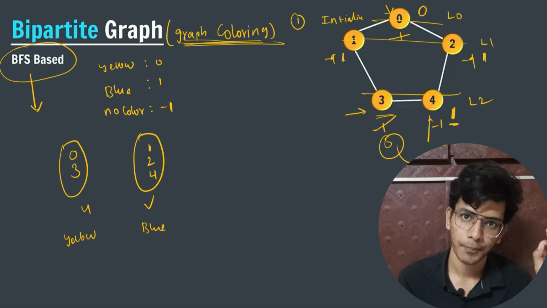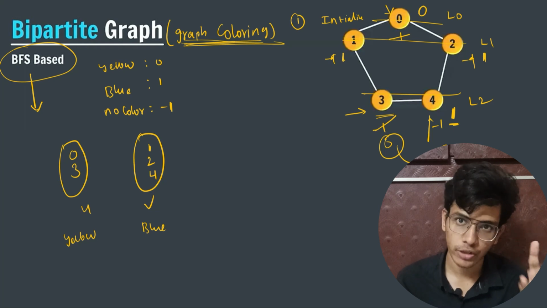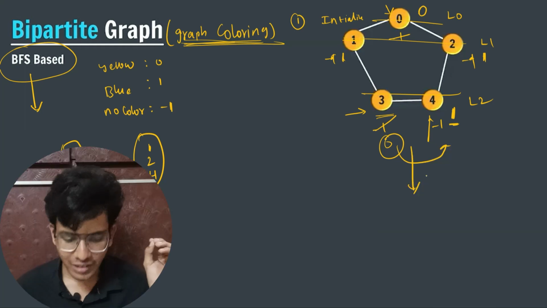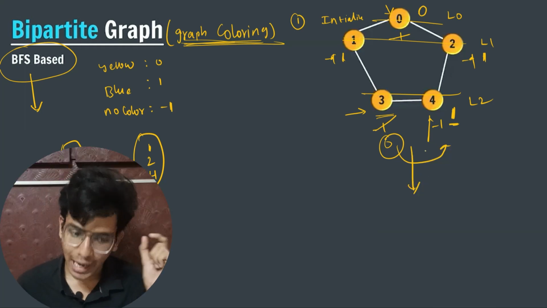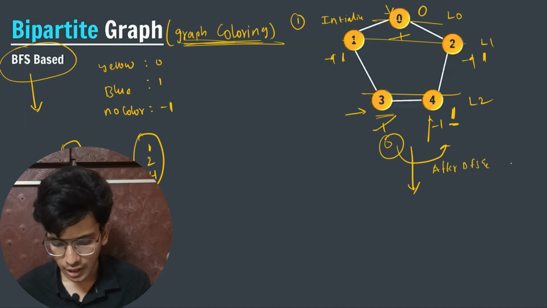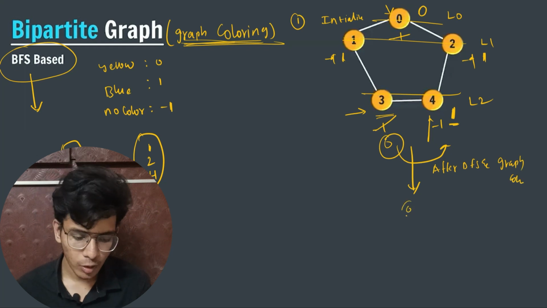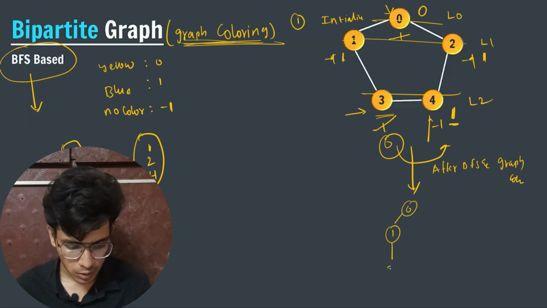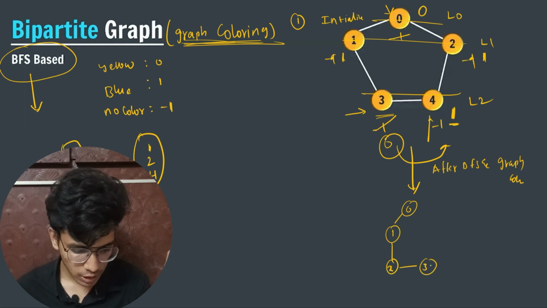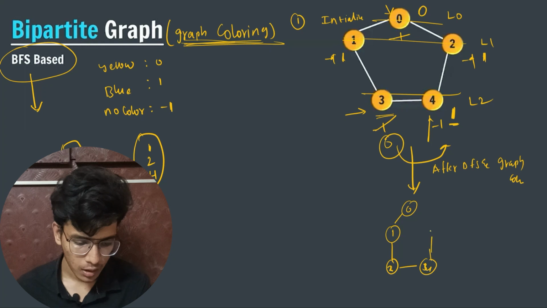Now I will check for any adjacent nodes, whether they are having the same color. So after BFS and graph coloring, my graph looks something like this: 0, 1, 2, 3, 4.